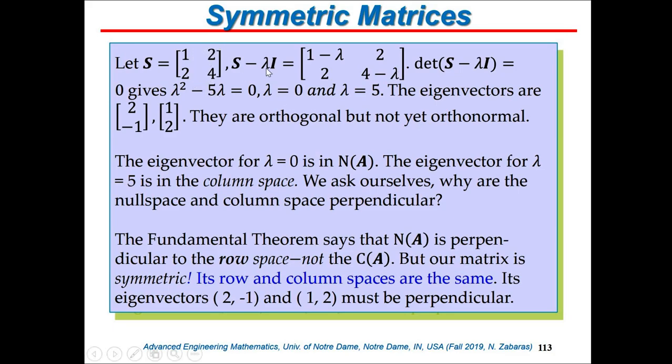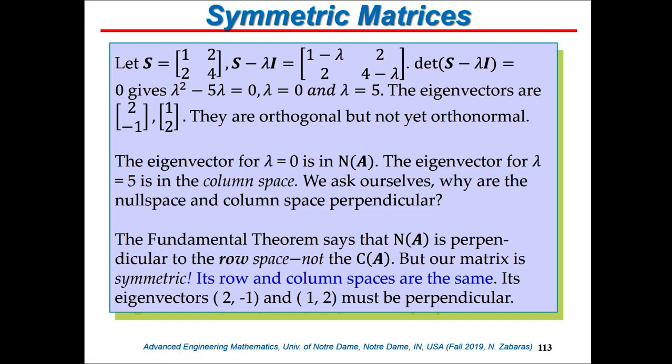Okay, so let me do an example first before we do any proof. If this is a symmetric matrix, you compute the eigenvalues, you get 0 and 5. You compute two eigenvectors, and you can immediately see that they are orthogonal. The eigenvector corresponding to lambda equals 0 obviously is in the null space of A. And the eigenvector corresponding to the eigenvalue lambda equals 5, you notice is (1, 2), which belongs in the column space, which is a little bit weird, right?